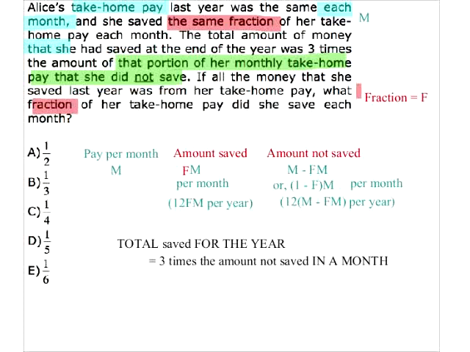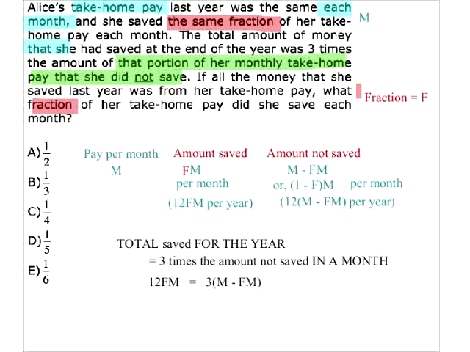Total saved for the year is 12 FM. And the amount not saved in a month is M minus FM. So 3 times that. So then what fraction of this did she save each month?